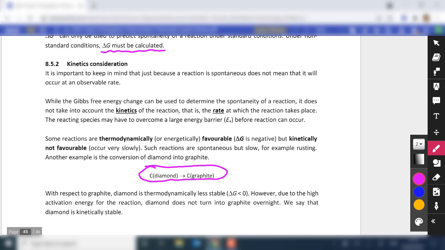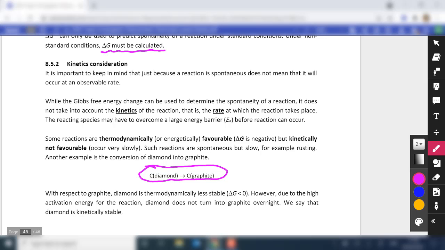What we are trying to say here is that although the reaction may be spontaneous, it may not occur after all. The reason is that the activation barrier or the activation energy may be too high. If the activation energy is too high, then the forward reaction will not go, or it will take a long time for it to be overcome.